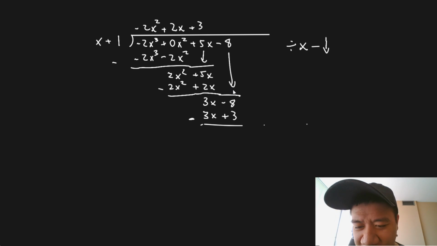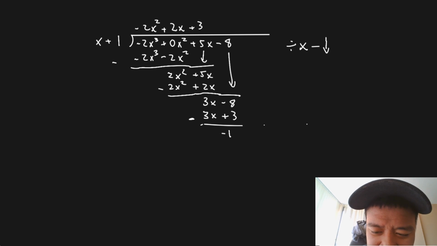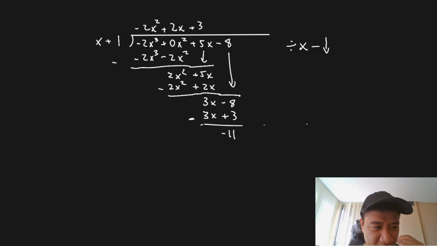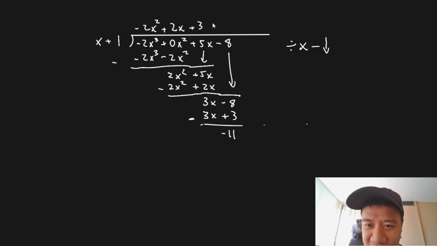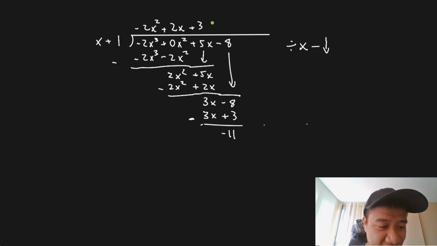Subtract these guys together. 3x minus 3x gets us 0x, and then negative 8 minus positive 3 gets us negative 11. Sweet. So this is our quotient. Oh, shoot. This is our quotient. This is our remainder. This is our divisor.